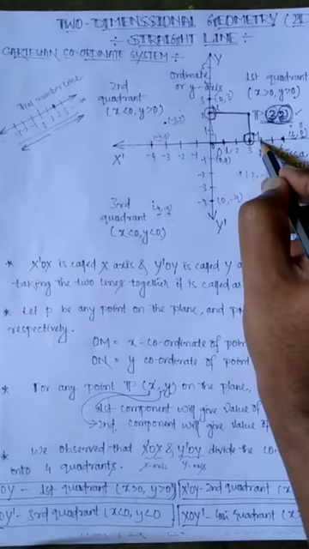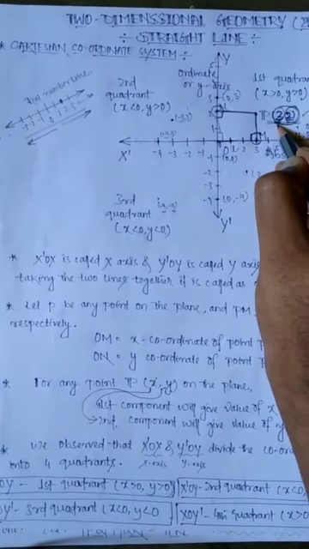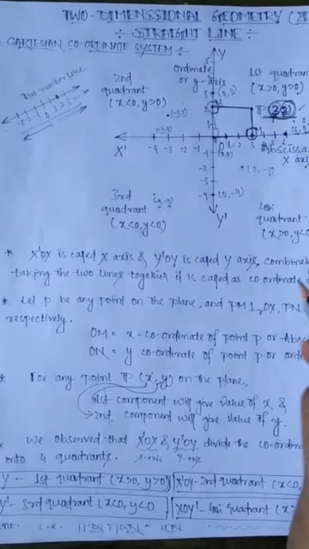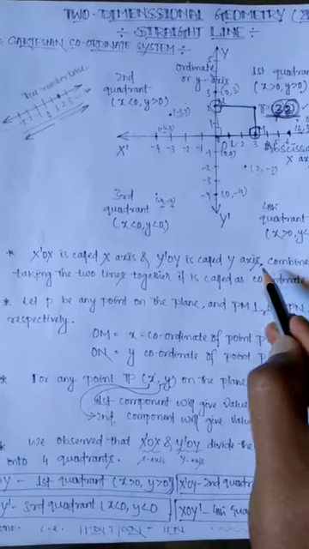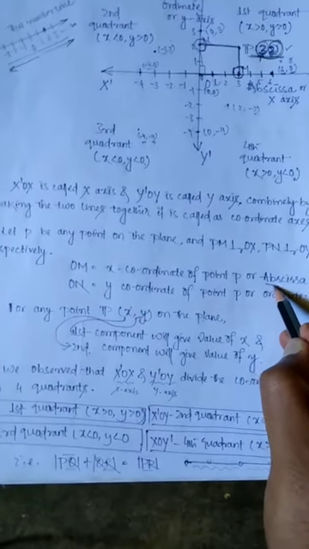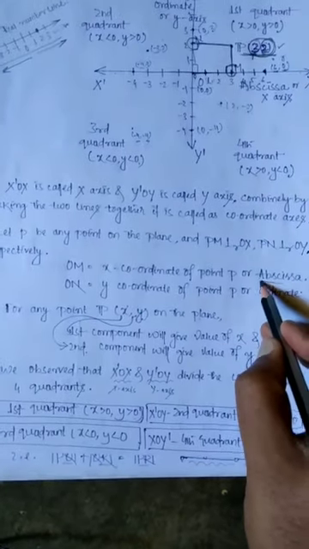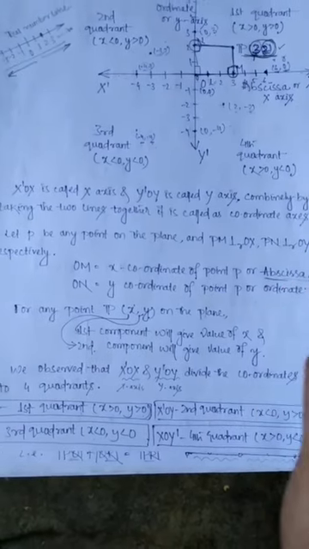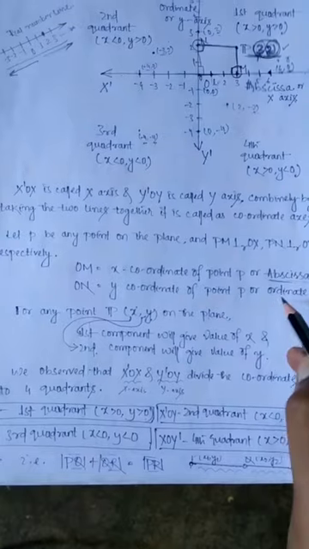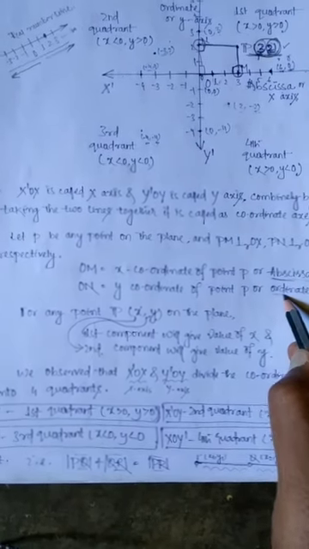The value on the x-axis, that means for any point the value on the x-axis, is represented as abscissa, and the value on the y-axis, that means 2, is known as ordinate.